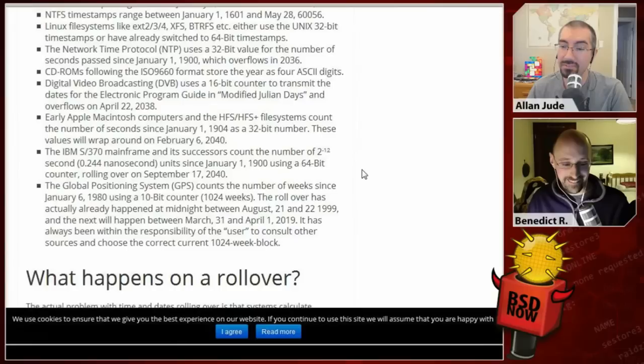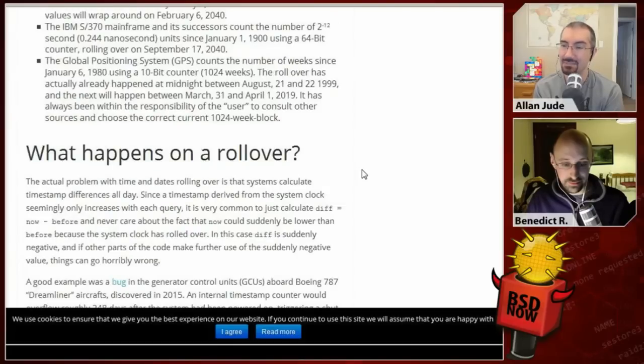And then the global positioning system counts the number of weeks since January 6, 1980, using a 10-bit counter, allowing for 1024 weeks. The rollover has actually already happened at midnight, August 21st of 1999, and will next happen the night of March 31st into April 1st in 2019.